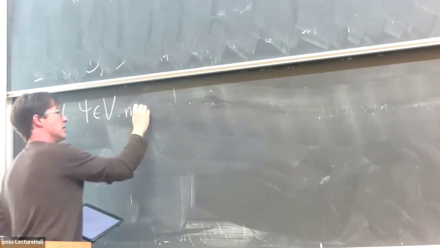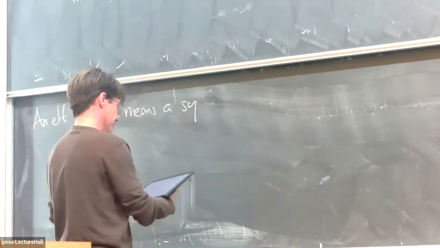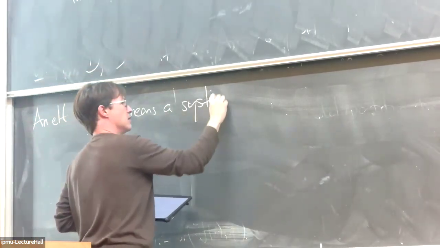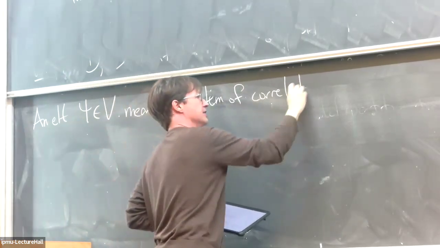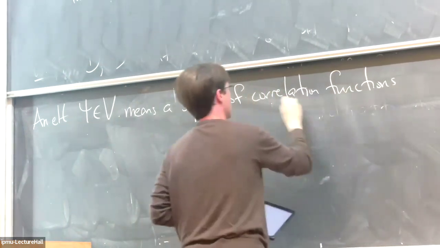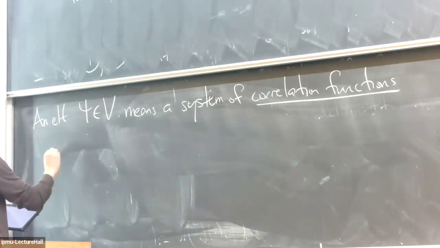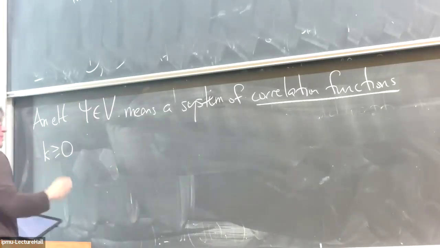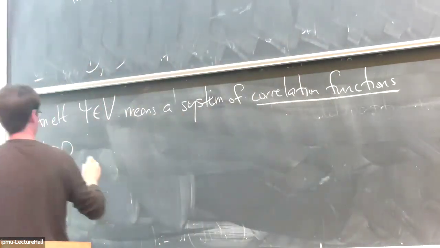What it means is a bunch of functions on the Riemann surface. I'll write them like this. These are called correlation functions. As far as notation, there'll be one function for every k, a function depending on k points of the surface.